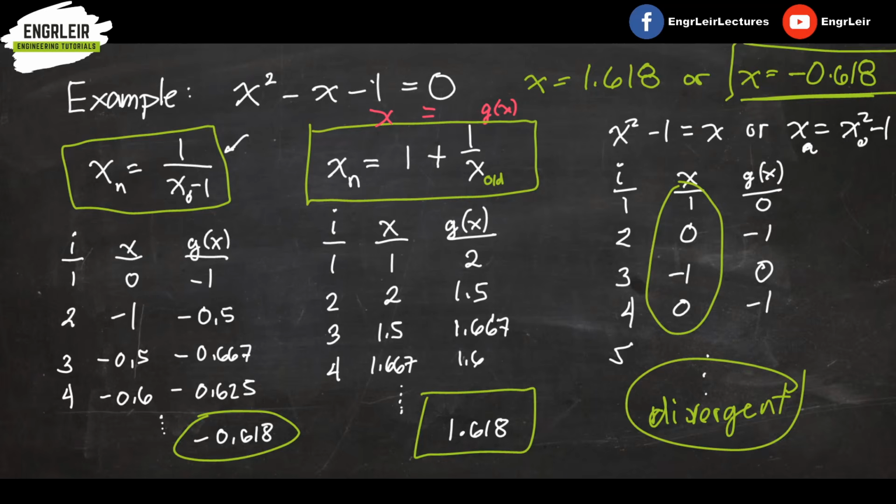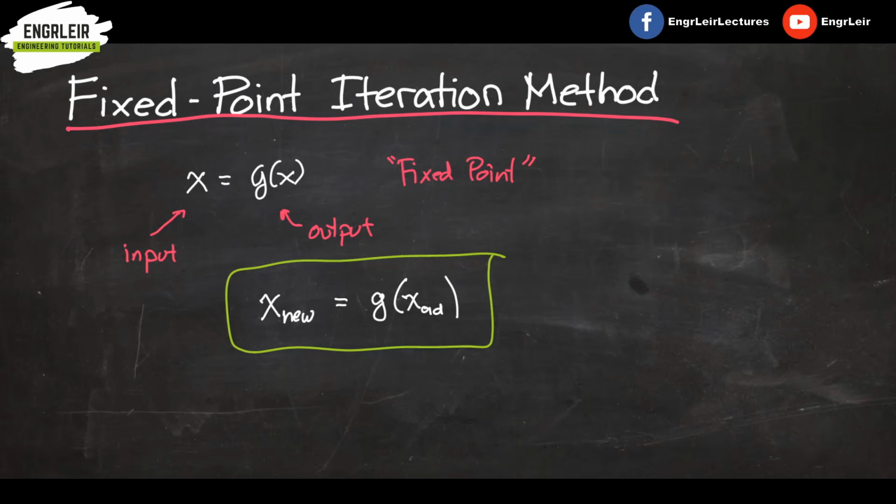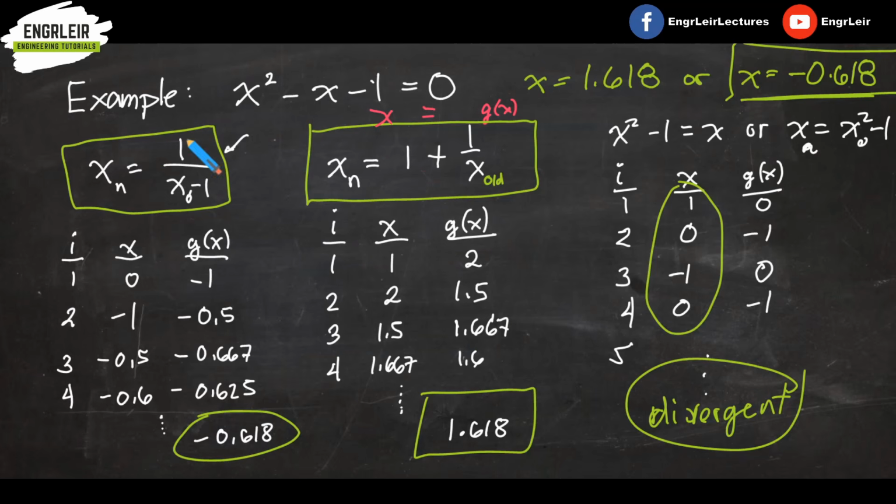So, ibig sabihin pala, sa fixed point iteration method, dependent yung method na to sa how you will express the equation in this form. Kasi iba yung magiging makuha mong sagot, no? Makuha mo either yung ibang roots or maaaring hindi siya mag-converge. So, itong dalawang to, tinatawag nating convergent o converge.